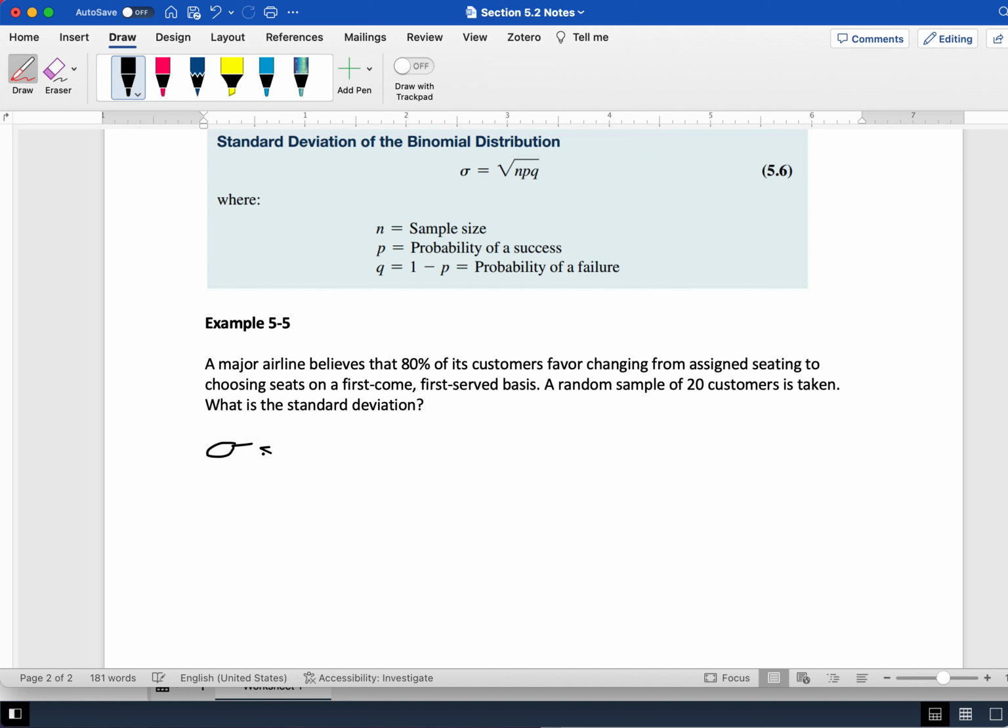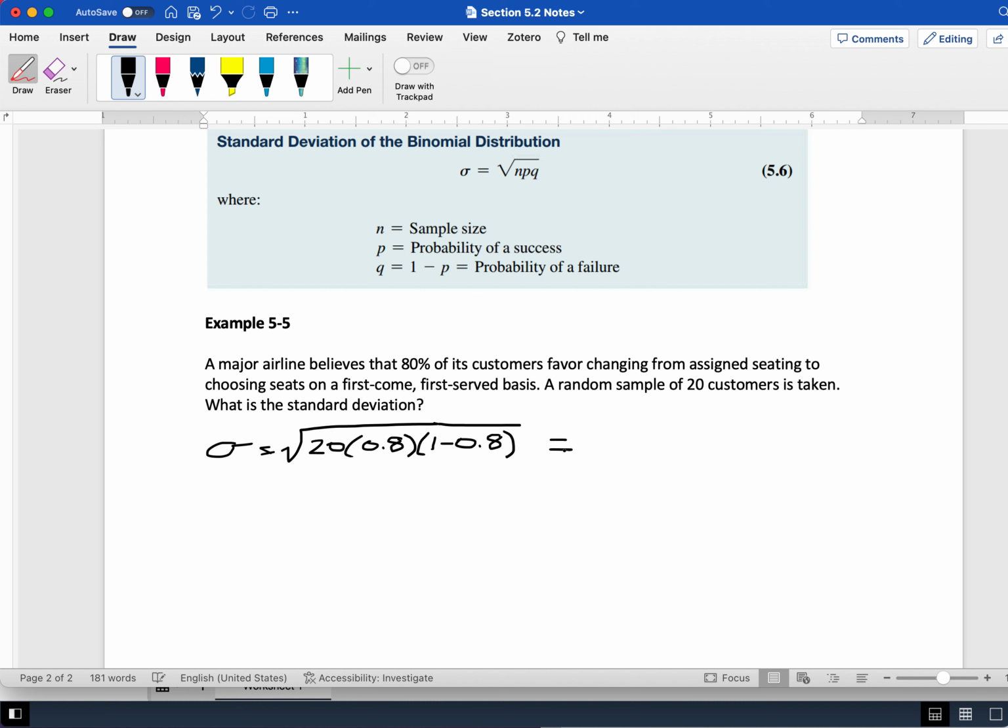So for this problem, if I want to calculate the standard deviation, I would do square root of n, which is 20, times p, 0.8, times 1 minus 0.8, which I know is 0.2. So I can type this into my calculator like this, or I can do the 1 minus part separately if I want to.